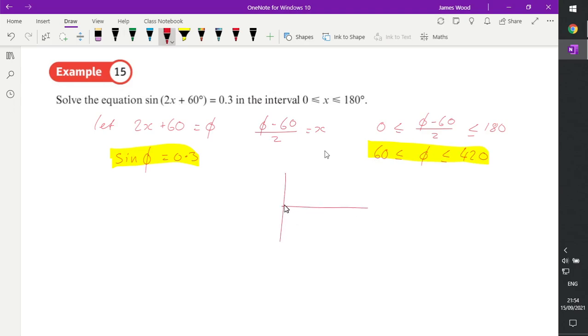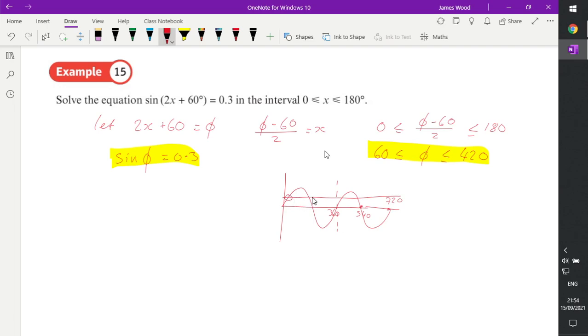Okay. Let's just sketch what that would look like roughly. So there's up to 360. I'm just going to draw another wave in here, just because we've got to go a bit further. Okay, and we're solving equals 0.3.